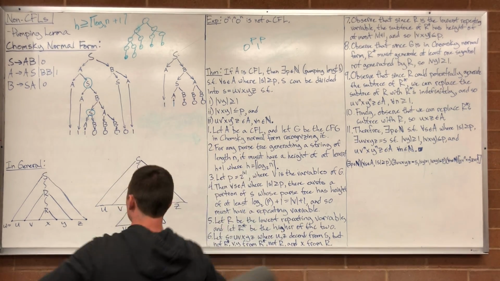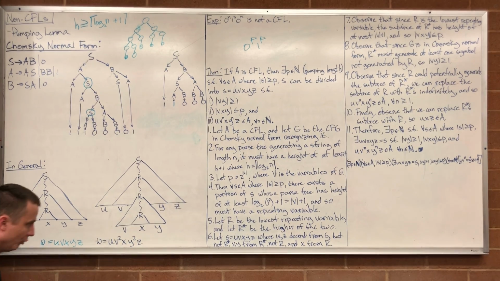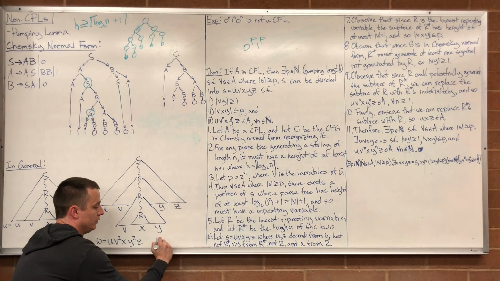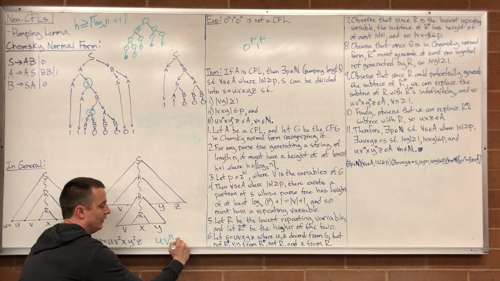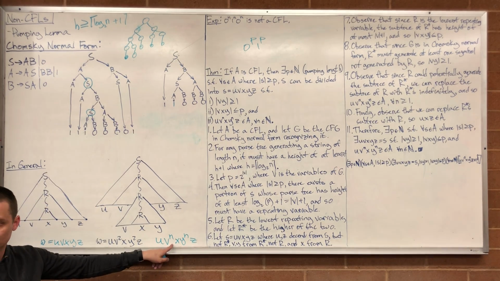And so, if we could have accepted the string W equal to UVXYZ, we could also accept the string W equal to UVVXYYZ. And we should be able to do that ad infinitum. We should be able to accept any string of the form UV^n XY^n Z, where n is any natural number.